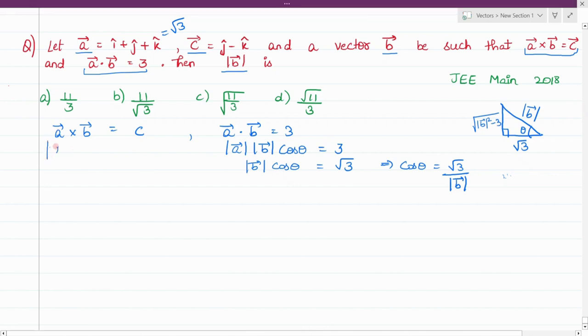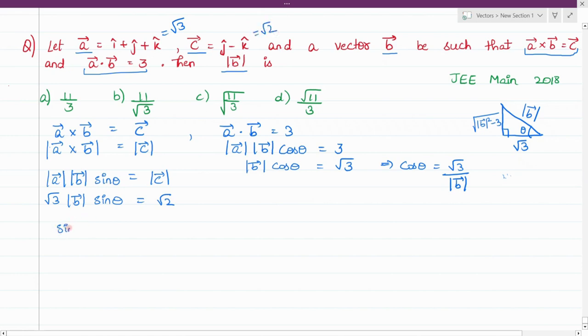Now if we take the magnitude on both sides, it becomes magnitude of A, magnitude of B sine theta and magnitude of C, and magnitude of A is root 3, magnitude of C is under root 2 here.